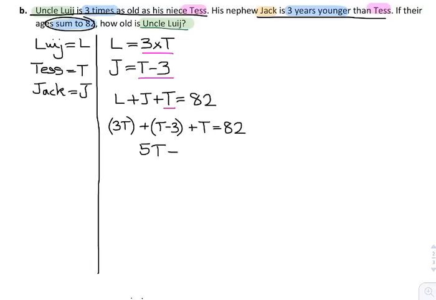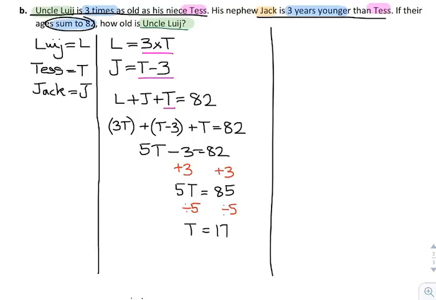I now need to solve for t by simplifying the left-hand side of the equation, giving me 5t minus 3 equals 82, plus the 3 to both sides, 5t equals 85, divide by 5, giving me t equals 17. So we now know that Tess's age is 17 years old.